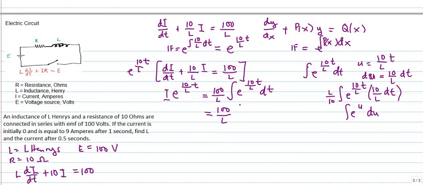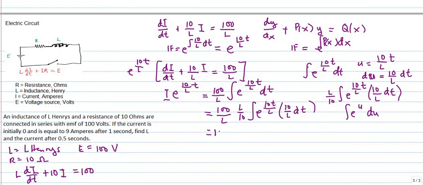So that we will multiply now L over 10 times the integral of this one, you have e raised to 10t over L, and then 10 over L dt. Which is then equivalent to, cancel L, 100 divided by 10, that is 10.